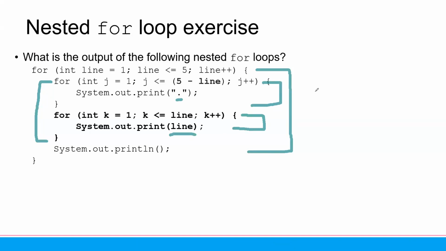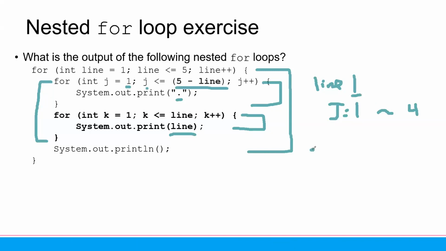So when we have the line equals to 1, it will go to j equals to 1 until j is 5 minus line. 5 minus line means it will be until 4 if line equals to 1.